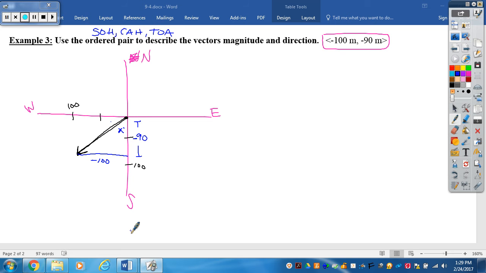So, as a result, if I want to find the direction, the question that we want to ask ourselves is which trig function are we going to use? Well, this side is the opposite of the angle, and this side is your adjacent to the angle. So as we look at the direction there, we're going to be using the tangent function. Tangent of x is equal to the opposite over the adjacent.